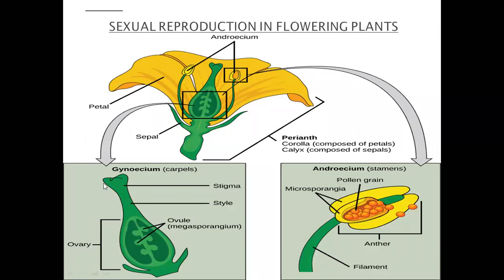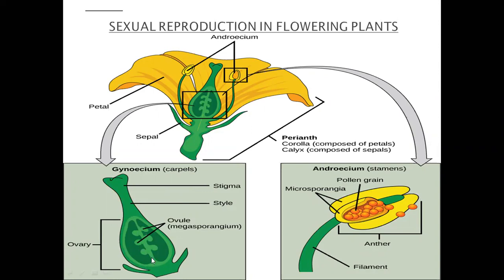If we see its structure in detail, then it has three parts. Number one, this broad part is called the stigma. Next to stigma is a tube-like structure that is called the style, right? This is the style part. Next to style, this is the basal part, the base which is making the ovary part.